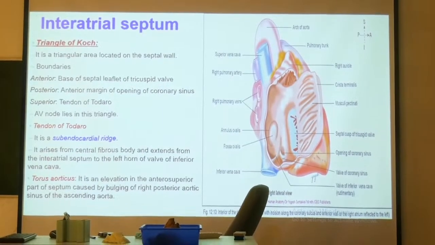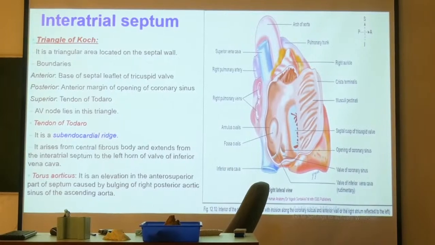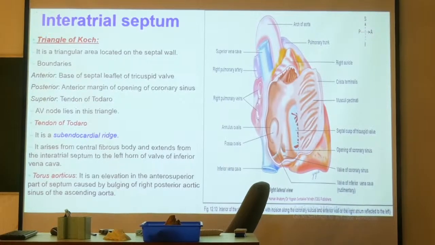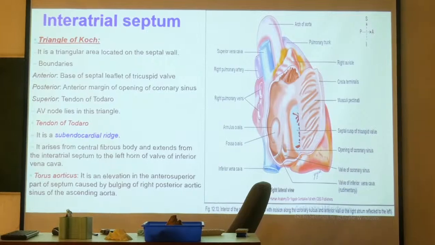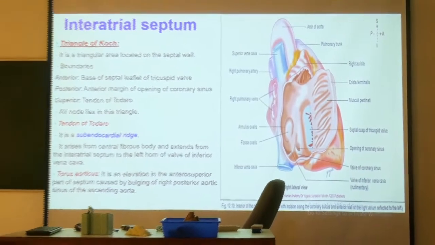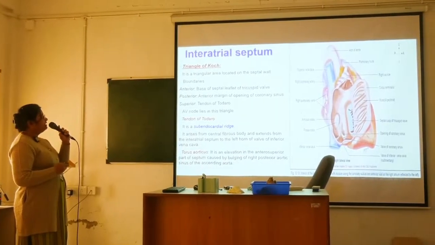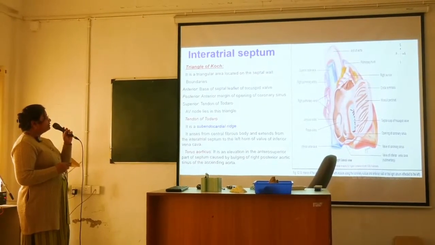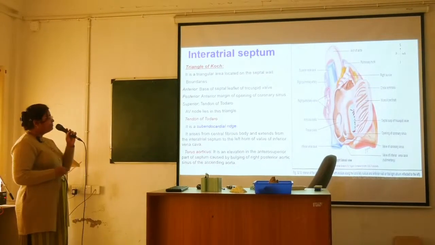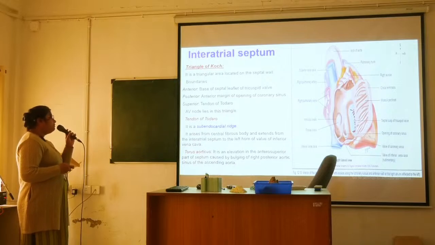What is the tendon of Todaro, and what structure is located within this triangle? Listen carefully. So the AV node lies in this triangle, within this triangle of Koch. That's why it is important. Okay. Now what is the tendon of Todaro?